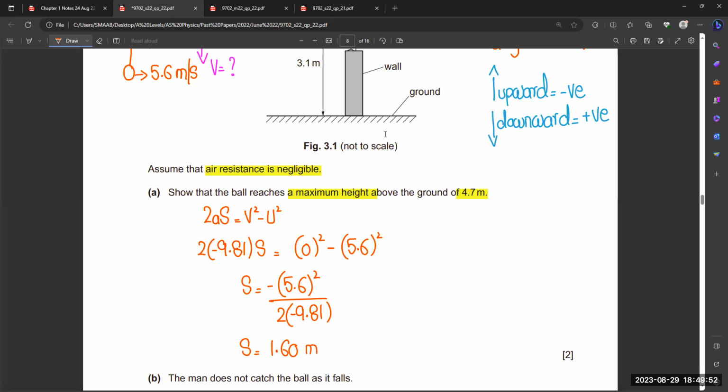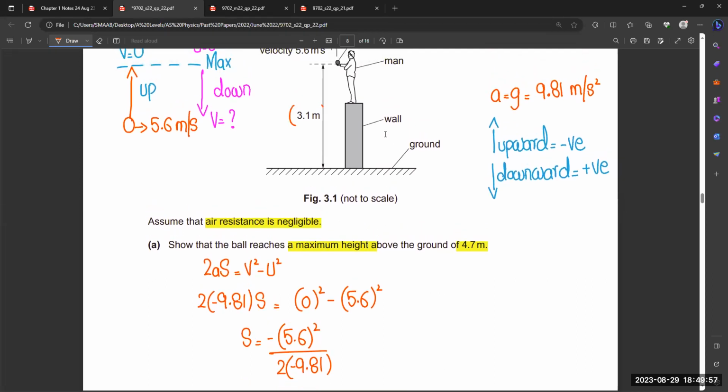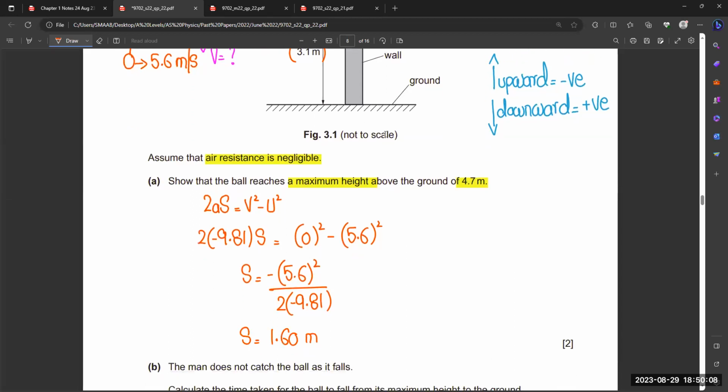Now you know that the ball already covers 3.1 meters from the ground. This is originally added in our experiment. So what we need to do, we need to add 3.1 plus our answer 1.6.